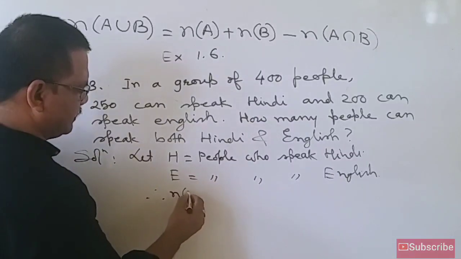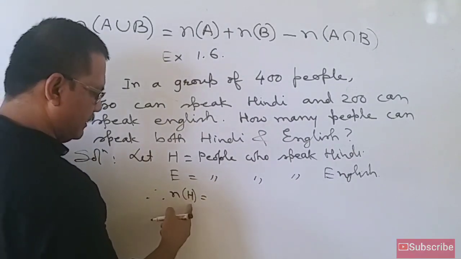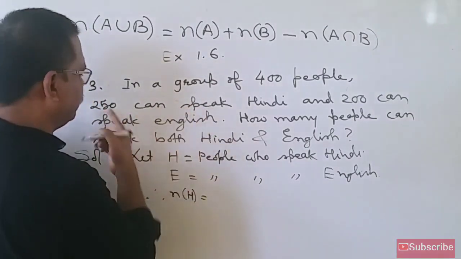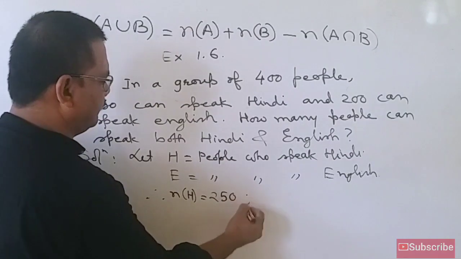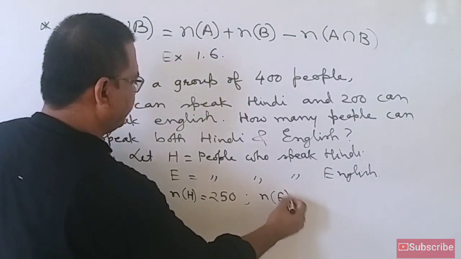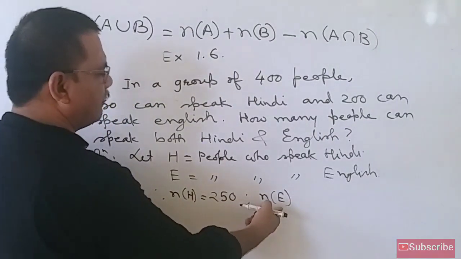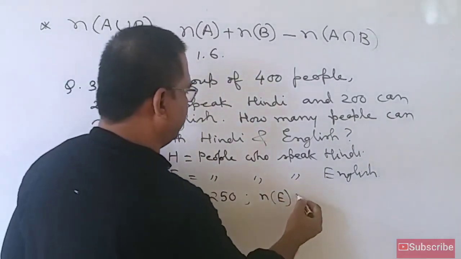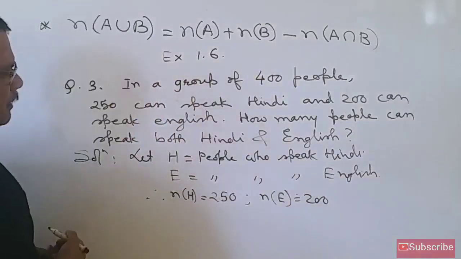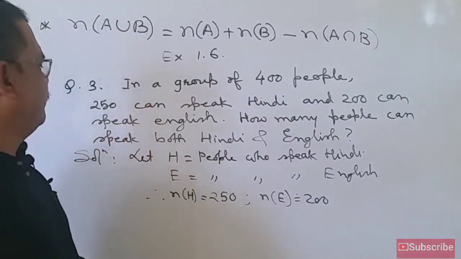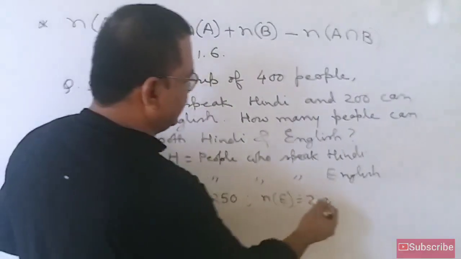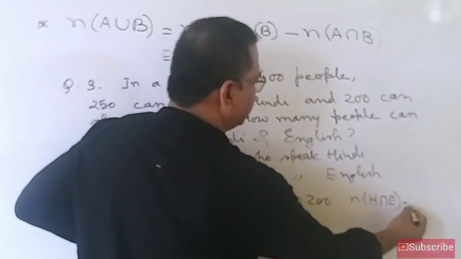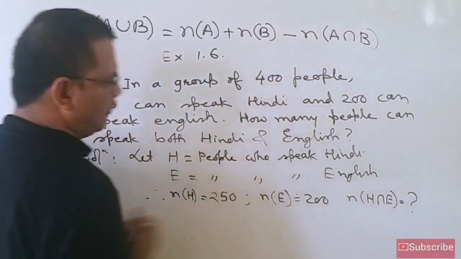Therefore n(H), the number of elements in H, how many people speak Hindi? 250. You can write it is 250. n(E), the number of people who speak English, is equal to 200. And how many people can speak both Hindi and English? Hindi and English means we have to find n(H intersection E). This is our common part.